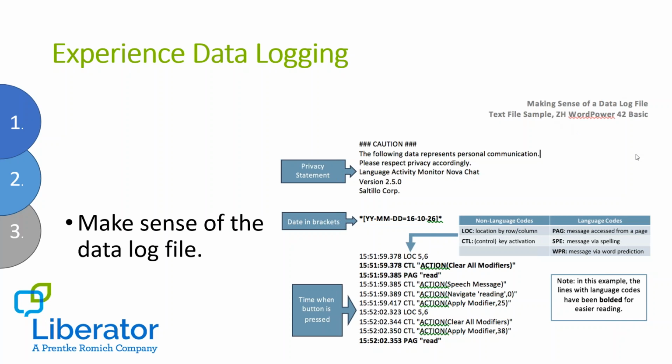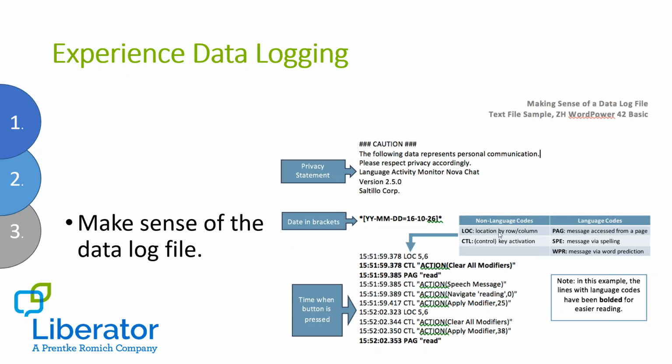So this is what a raw data file looks like. I'm not sure how many of you would have ever seen a raw data file, but there are a few things to point out. We'll always have the date in brackets before each long list of automated data generation.